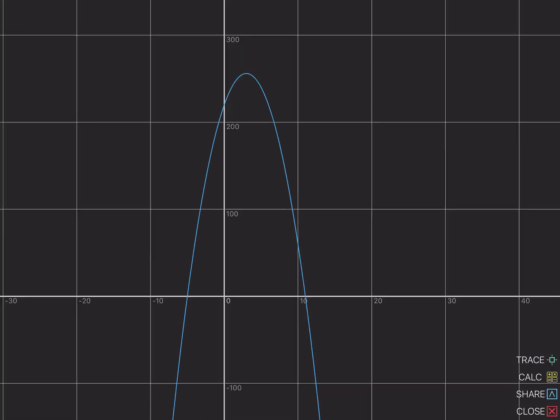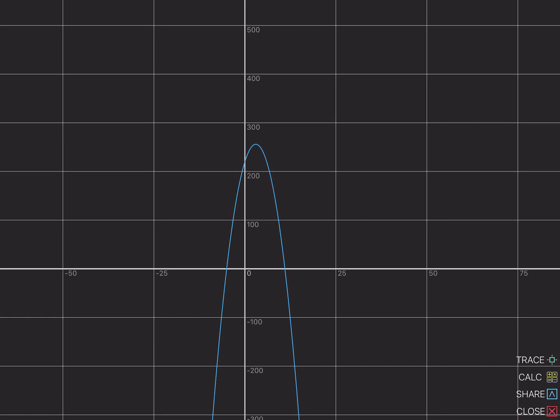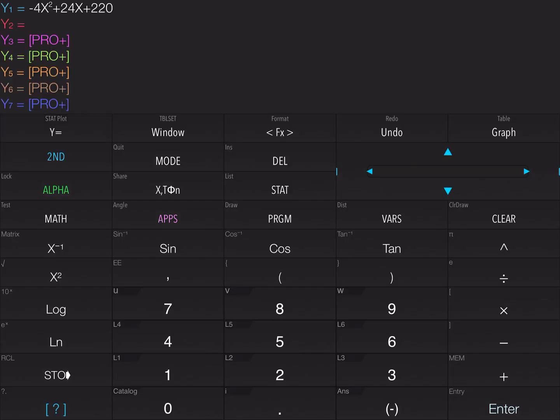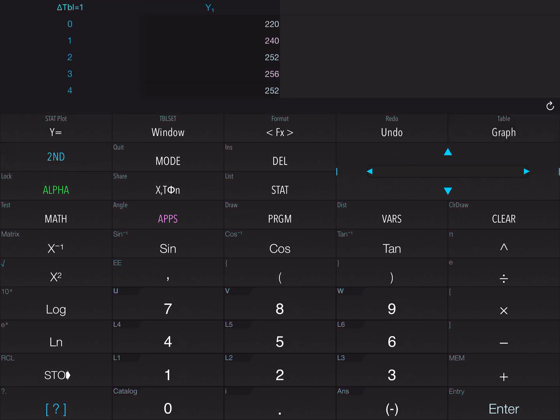So when you graph this in your calculator, you type your equation into y equals, which we already have. You hit second graph to see the table. And okay, so here's my x and my y. When is y 0? So you're going to scroll through.